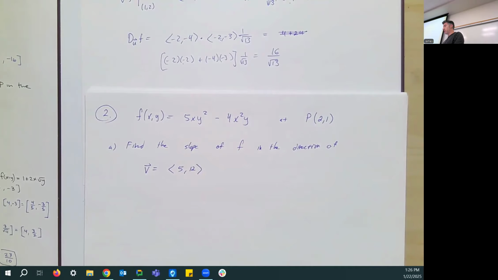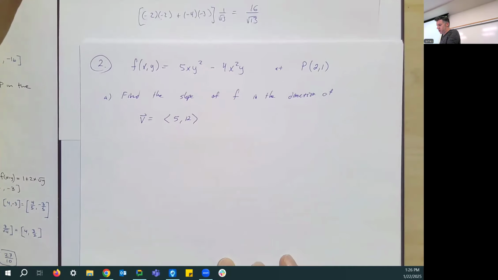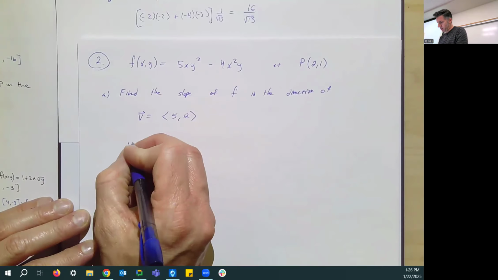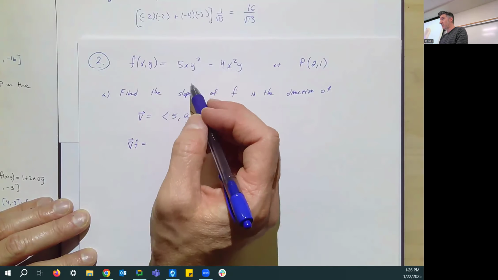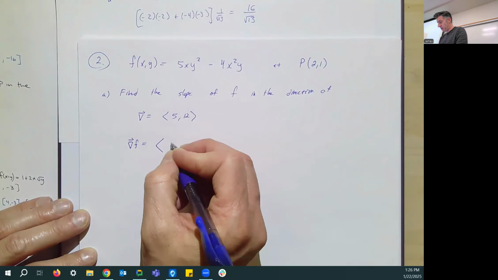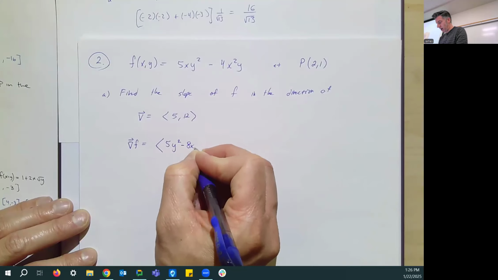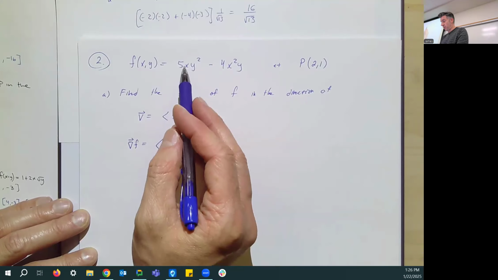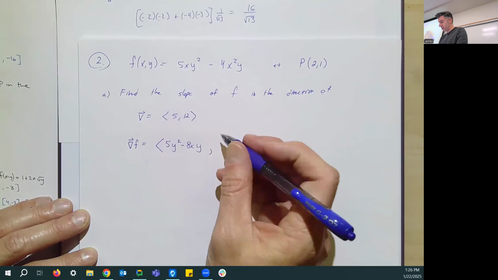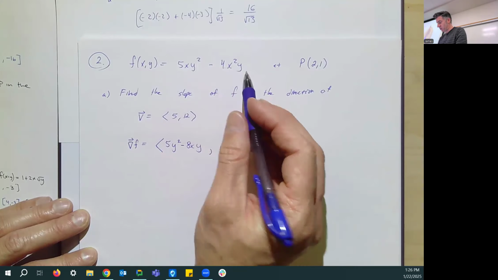Okay, same sort of deal here. So now our gradient's a little bit more complicated, but still not too terrible. So the gradient of f is going to be the partial with respect to x. That's first going to be 5y squared minus 8xy, comma, the partial with respect to y: 5x times 2y, so 10xy minus 4x squared times 1.